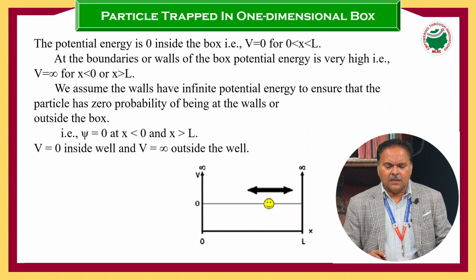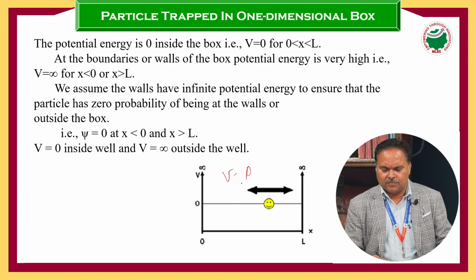Now we have to make some assumptions about the potential energy inside the box. Inside the box the particle moves along the x-axis only, not along the y-axis or z-axis. That's why the potential energy inside the box becomes 0.